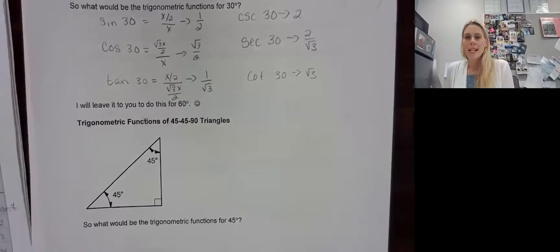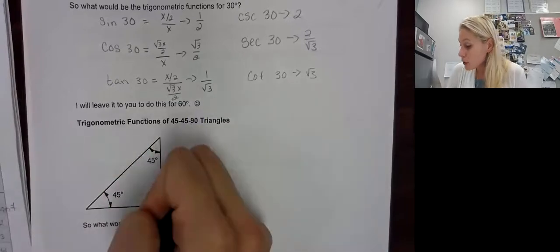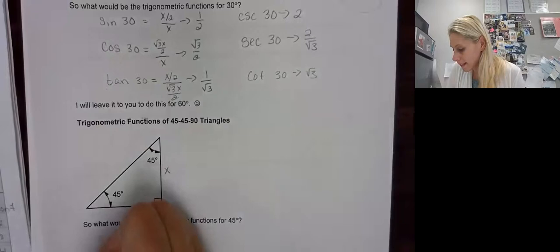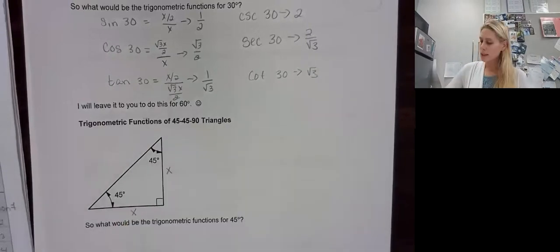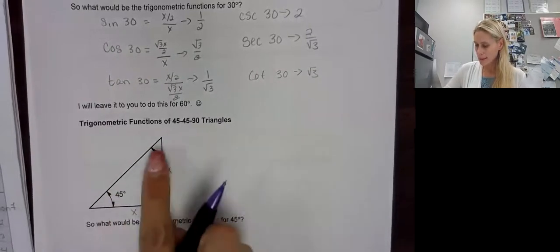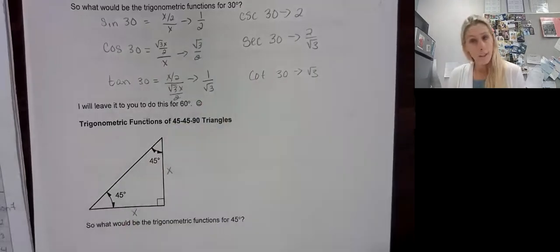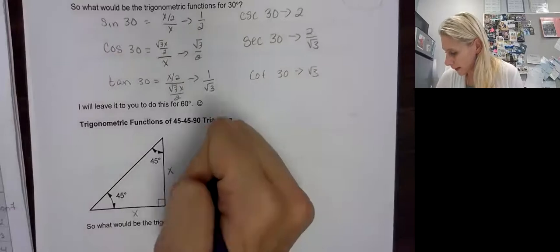45, 45, 90. So when the angles are the same, their corresponding sides, which is their opposite sides, should also be the same. So if I say this side is x, well, this side is x. Because the opposite angles, corresponding sides, same angles, same sides. Now to find the third side, I can do the Pythagorean theorem.